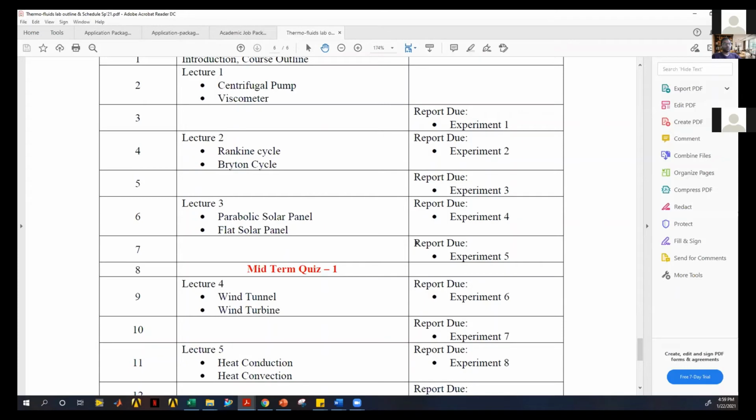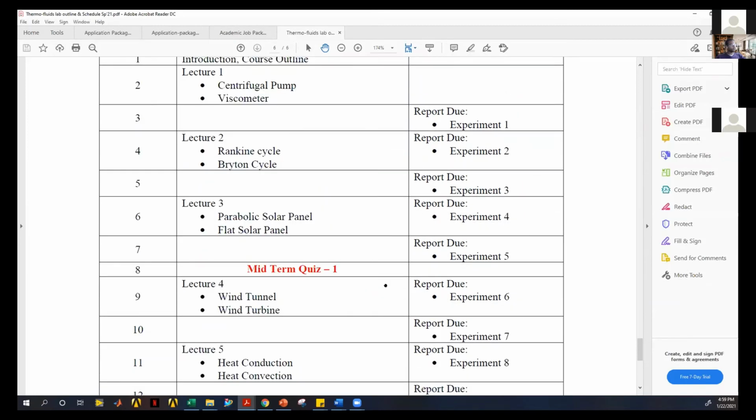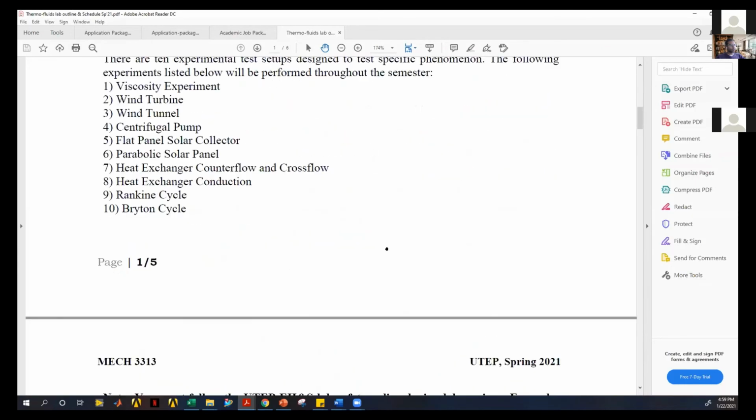So if you know your experiments well, if you have done the calculations in your experiments, then you should be able to answer those questions. No extra study is required. The midterm quiz will be somewhere around 8 weeks, where you will have your spring break before or after that, and the final quiz is towards the end of the semester. And I will cover 2 experiments per lecture. Any question?